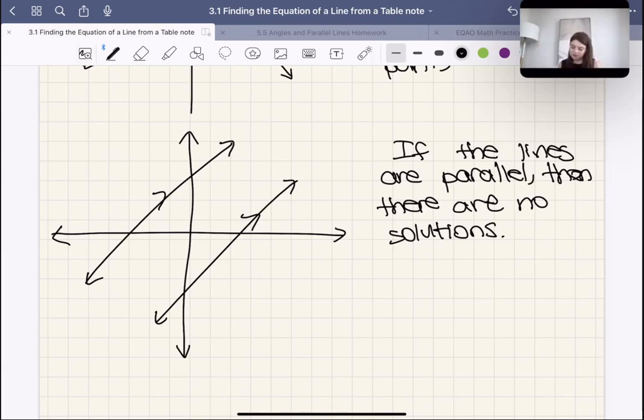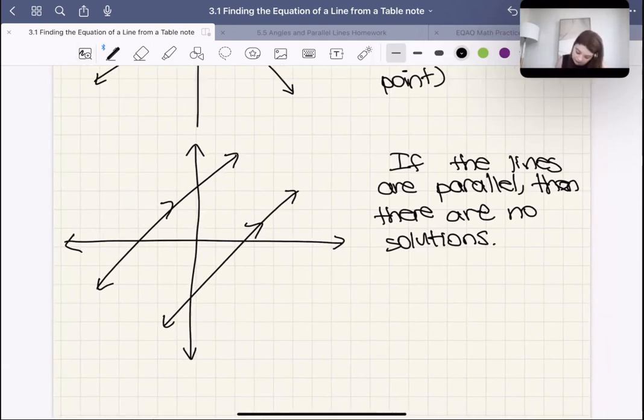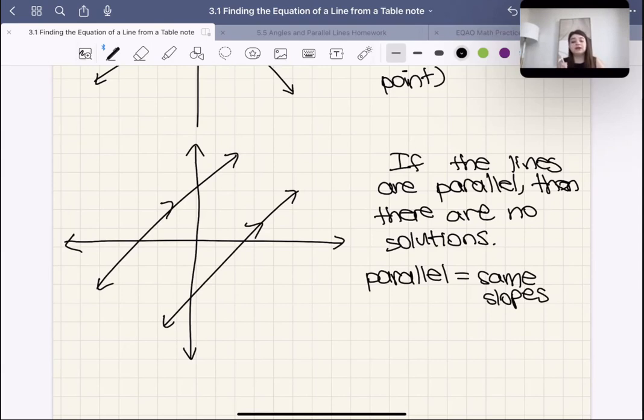And I'm going to mention too, for that, parallel equals same slopes, okay? Because if the slopes are the same, then the lines are parallel. And if the lines are parallel, then the slopes are the same. So these are some categories we need to make sure we know.